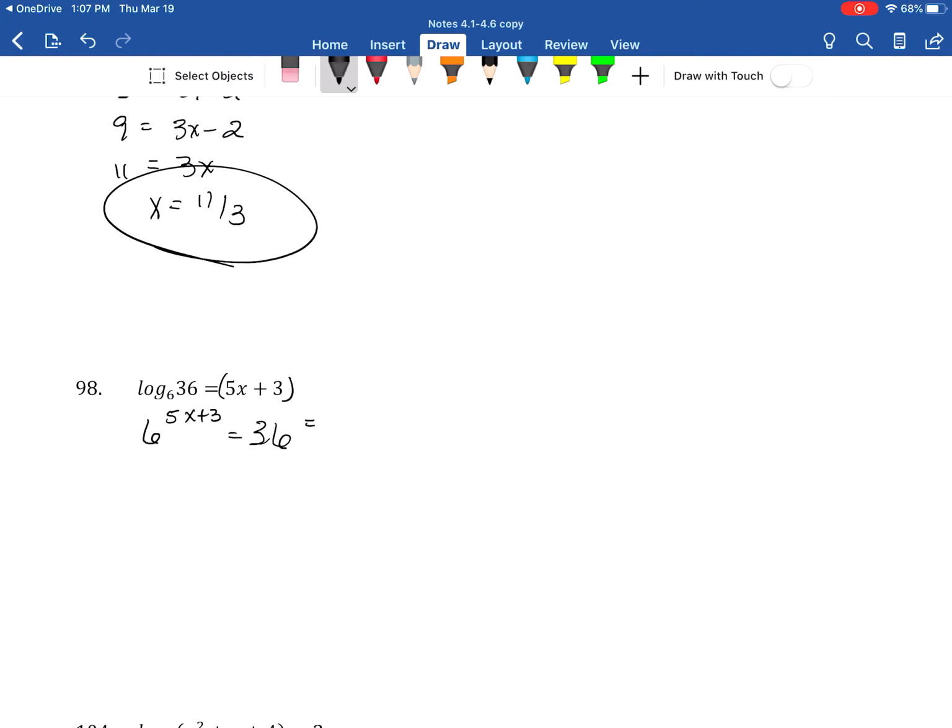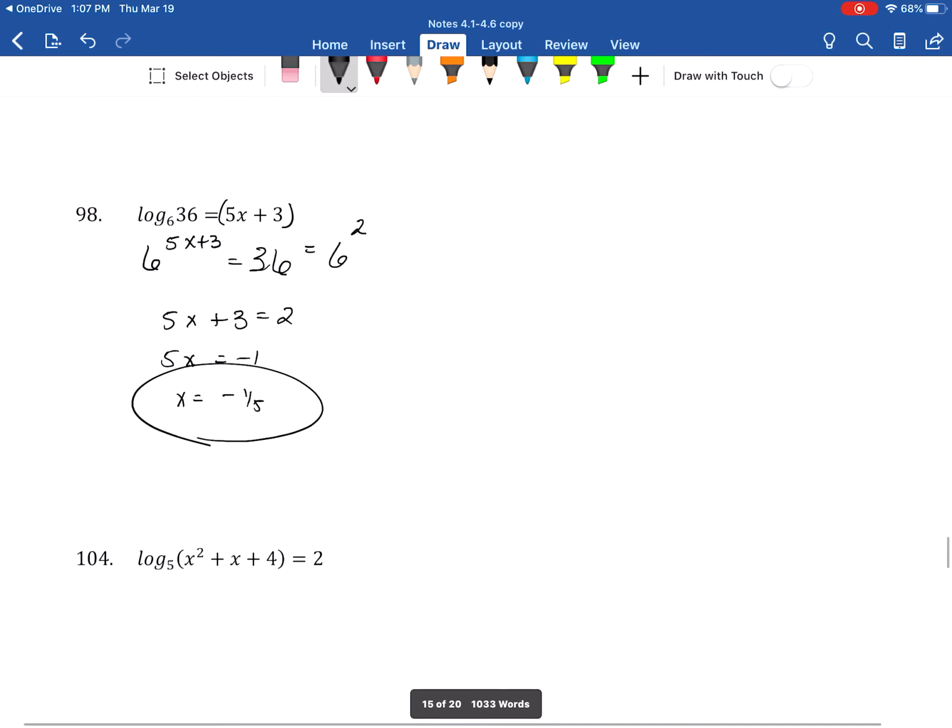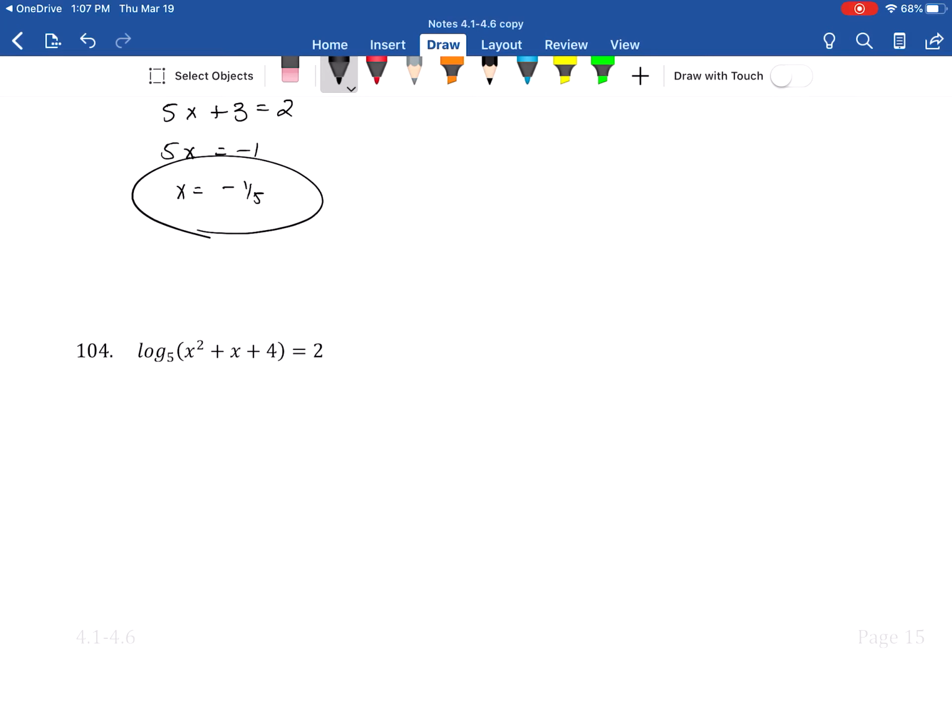I'm going to try to get the same base on both sides. Base 6 is going to work. I change 36 into 6 squared. Now that I've got the same base, I can write the exponents equal to each other and solve for x. There you go.